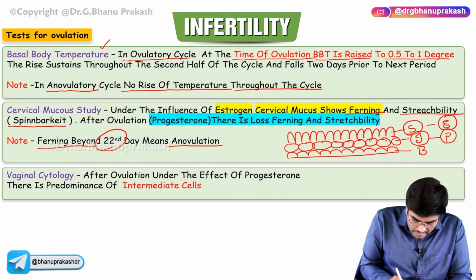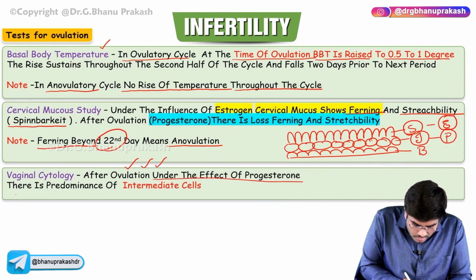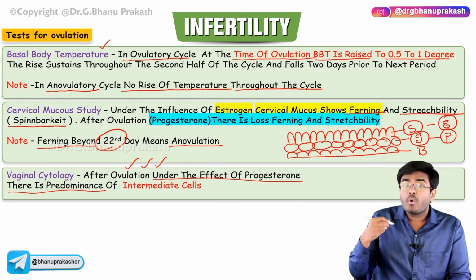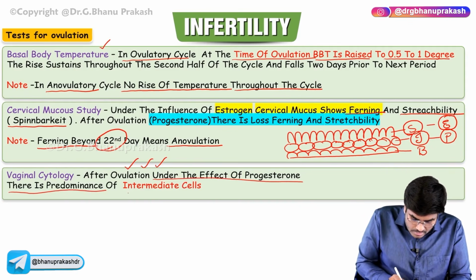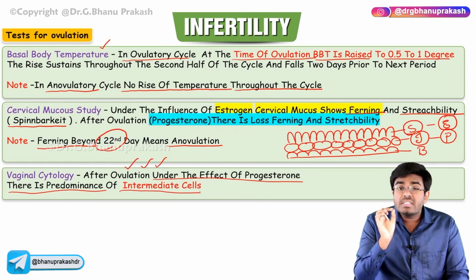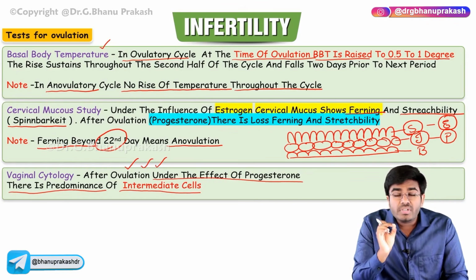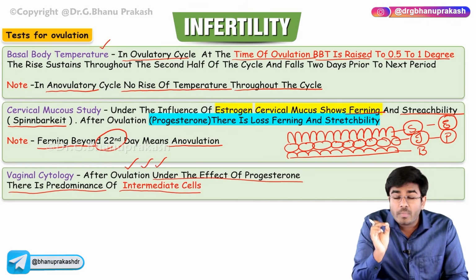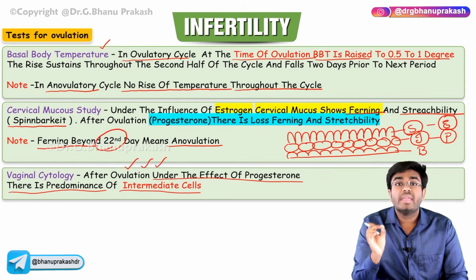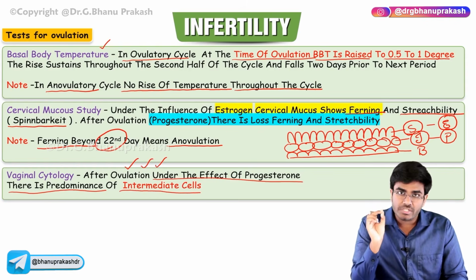So, please concentrate. After ovulation, under the effect of progesterone, there should be more number of intermediary cells. So, persistence of superficial cells in the second half of menstrual cycle indicates anovulation.